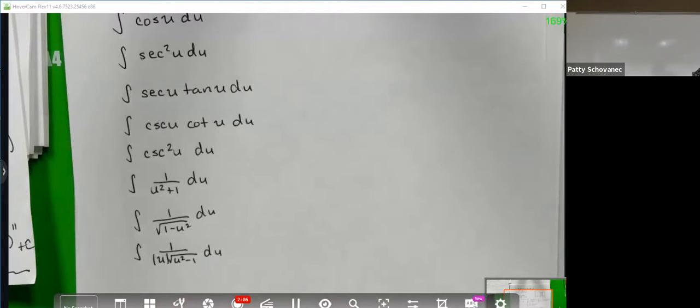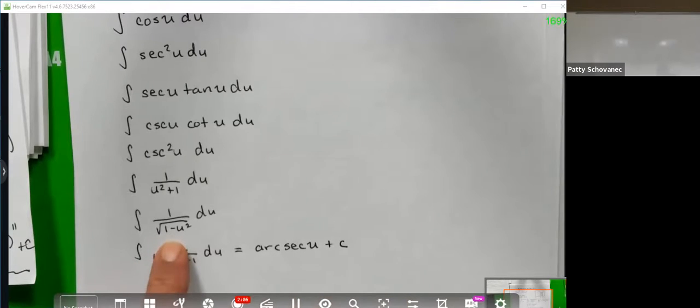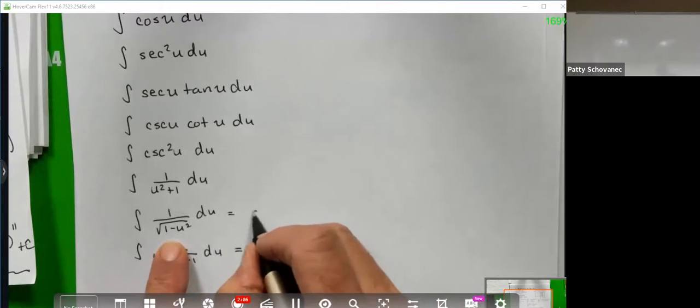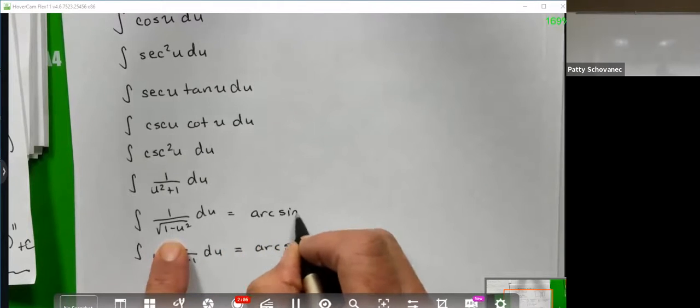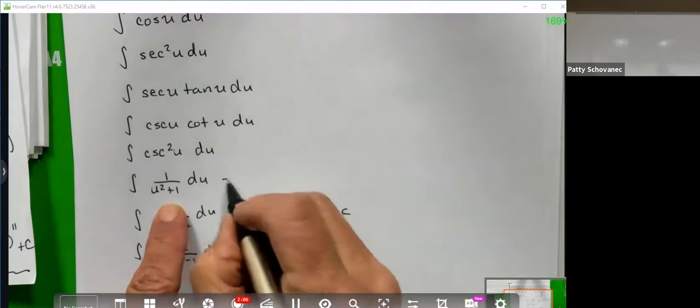I'll work my way backwards. This one would be an inverse secant of u. The one up here is an inverse sine of u. And then this one up here is an arctangent of u.